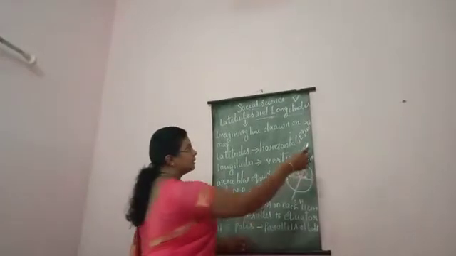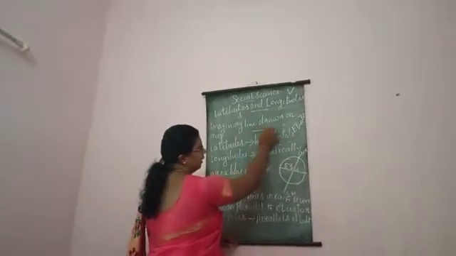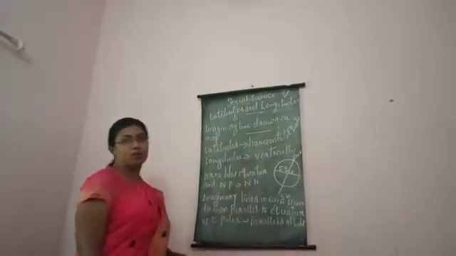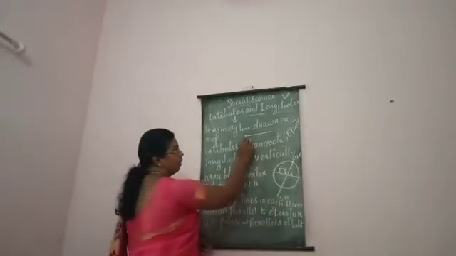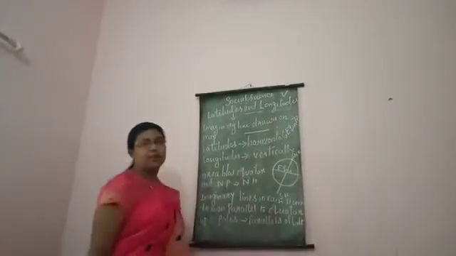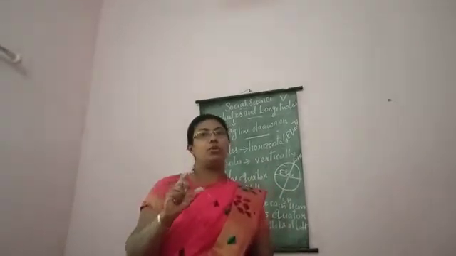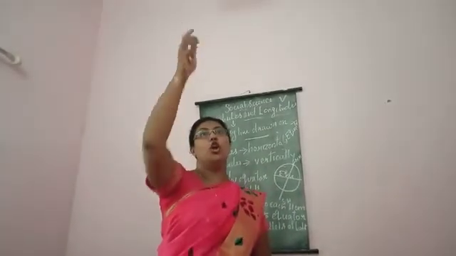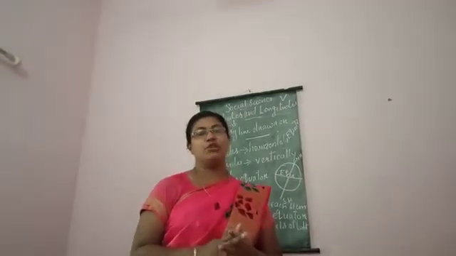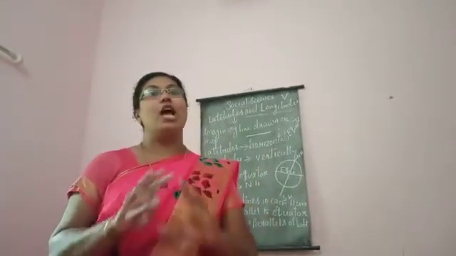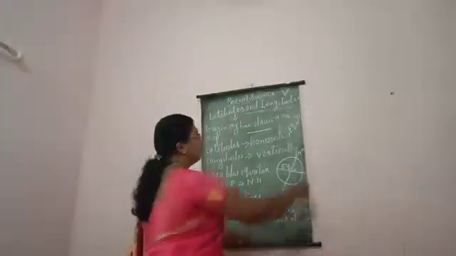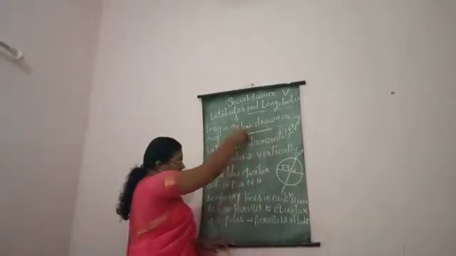Latitudes means horizontal lines. This line is horizontal. And longitude, like the term longitude, these lines are long. Longitude means the lines are long, straight down.